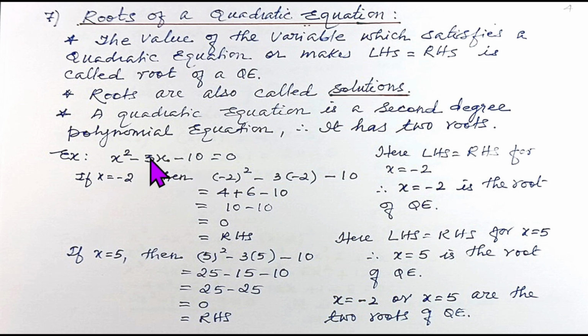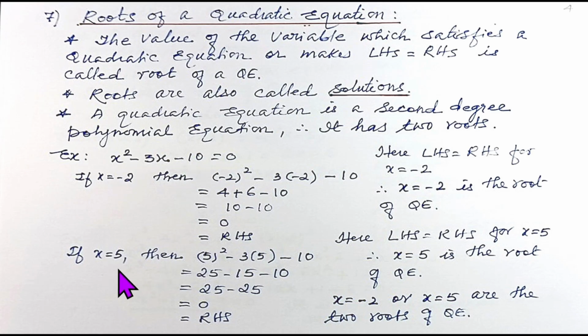Now if we are given a quadratic equation x square minus 3x minus 10 equal to 0, then if I put x equal to minus 2, wherever x is, I put minus 2, I get the value as 0. That means for x equal to minus 2, the value of the polynomial becomes 0, or LHS becomes equal to RHS, and therefore x equal to minus 2 is a root of the given equation.